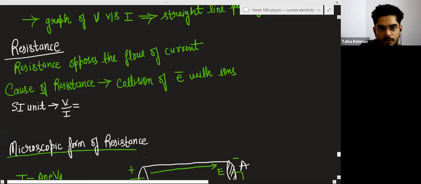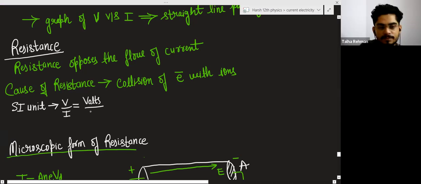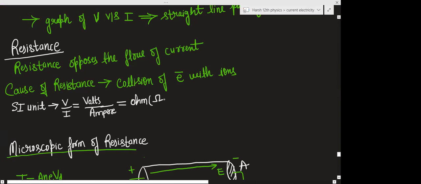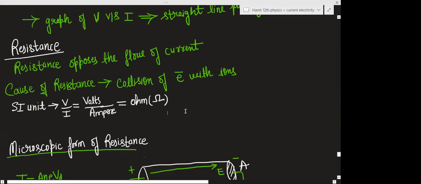The unit of potential difference is volt, and the unit of current is ampere. This volt per ampere is known as ohm, and the ohm is represented like this. Please write this down.